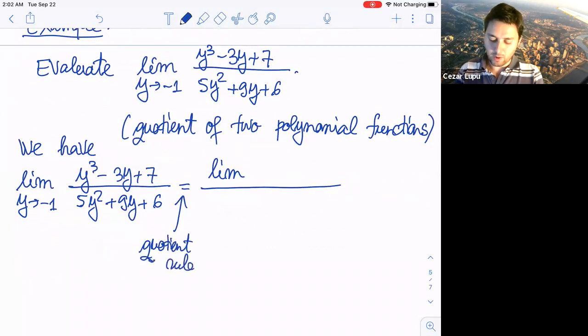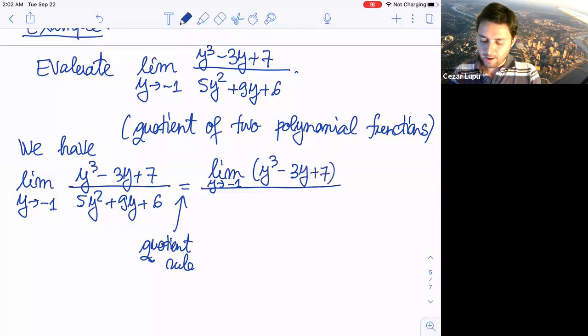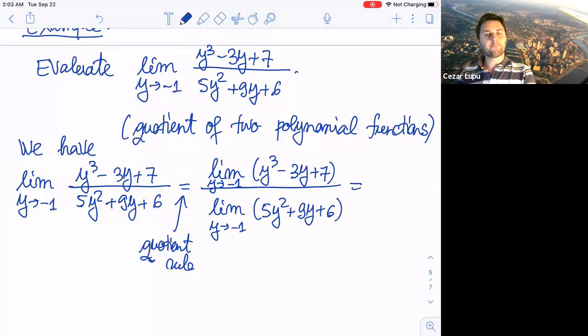By the way, this is a Q here, it's not a G or a 9 or whatever. This will be the limit as y approaches -1 of y cubed minus 3y plus 7, everything over the limit as y approaches -1 of 5y squared plus 9y plus 6. Okay, so I apply the quotient rule here.